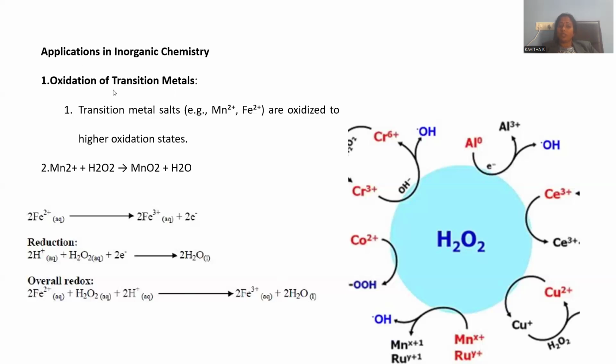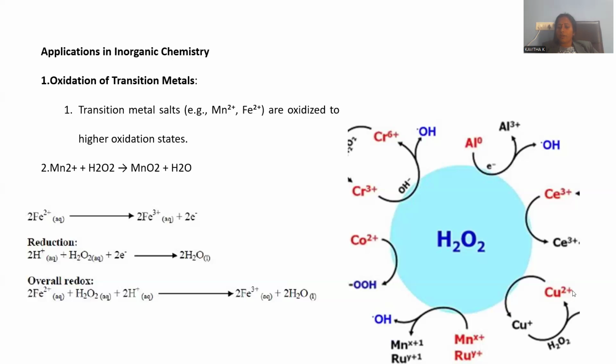Transition metals will be oxidized by means of this hydrogen peroxide. Wherever chromium plus 3 is there, that will be transformed into chromium plus 6. This is also a kind of oxidation. Aluminium 0 is there, aluminium plus 3 is possible. Cerium plus 3 is there, cerium plus 4 is possible, that is a kind of oxidation.